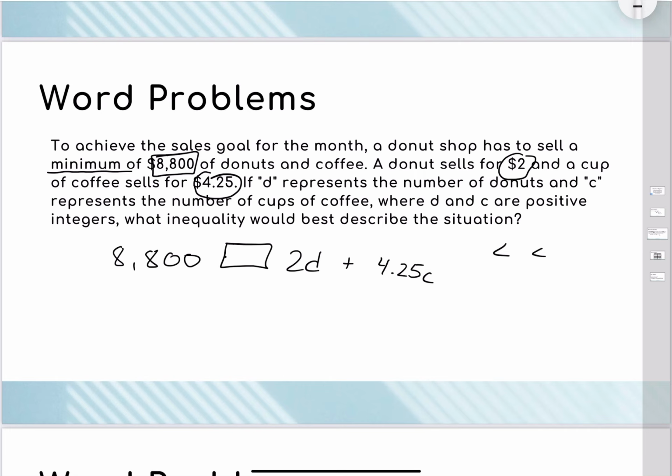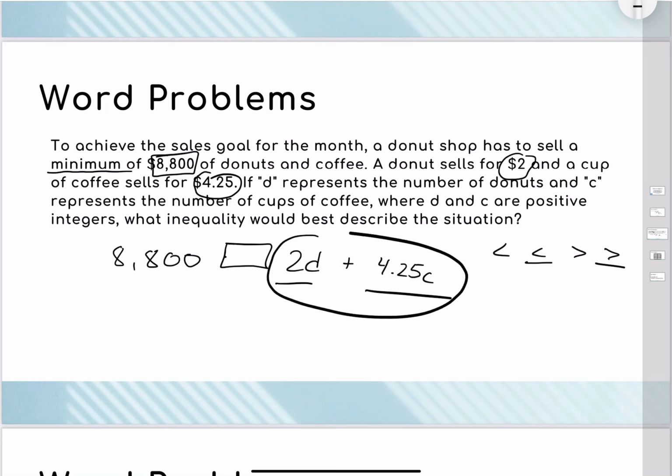Less than, greater than, less than or equal to, or greater than or equal to. So now let's see. Our problem says that they have to sell a minimum, which means what we sell in the 2D plus 4.25C has to be at least, meaning greater than or equal to 8,800. And since 8,800 is listed first, if the right side must be greater than or equal to, it means that left side is less than or equal to.